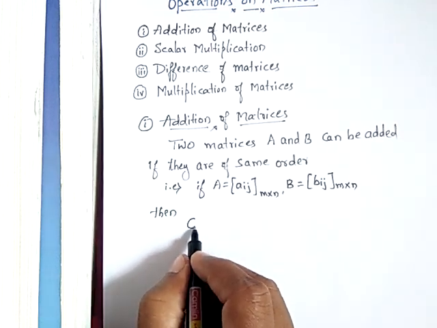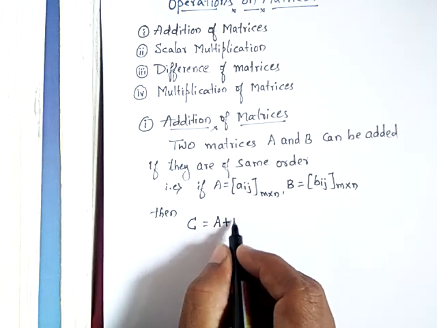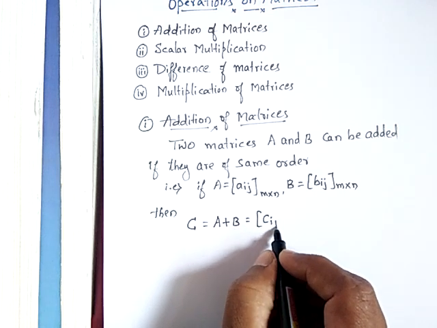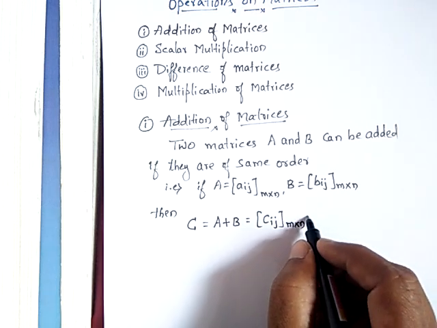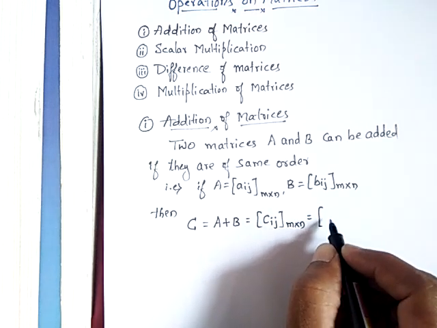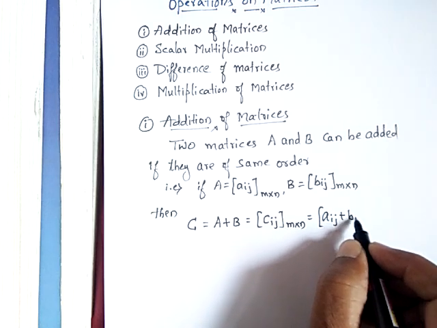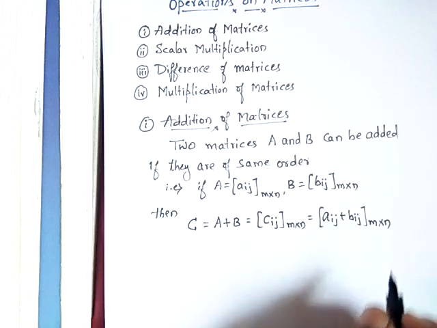That new matrix I will denote by C, which is equal to A plus B, so you will get Cij of m by n order. That is, C is equal to Aij plus Bij, of the order m by n.